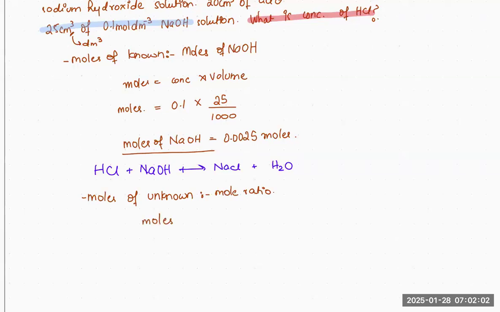You can write whatever you want in the denominator and numerator, doesn't matter. So moles of sodium hydroxide divided by moles of HCl. For example, sodium hydroxide, the moles are 0.0025. For HCl, it's X. We don't know the moles of X.